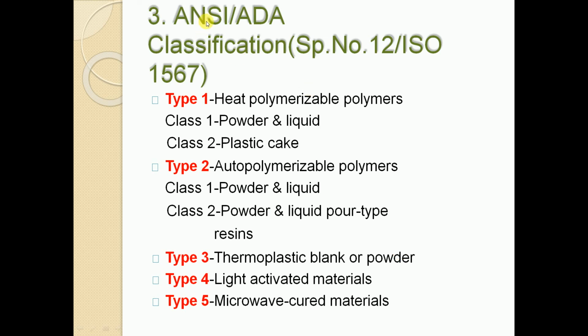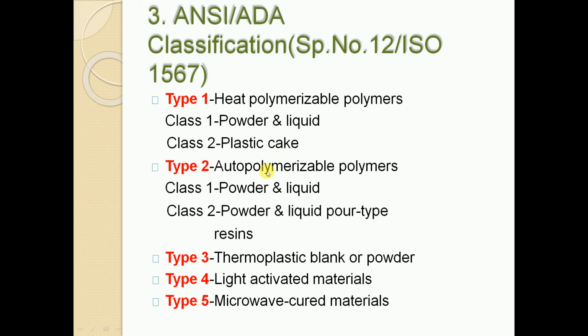According to ANSI/ADA specification number 12 and ISO 1567, there are 5 types of resin polymers. First is heat polymerizable polymers, which consist of class 1 and class 2. In class 1 you have a powder and a liquid; in class 2 you have a plastic cake.